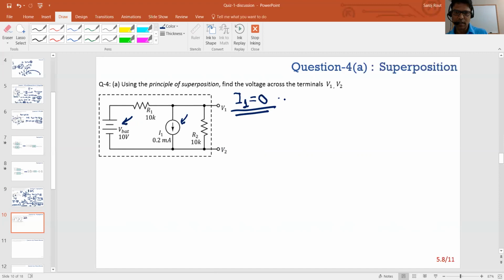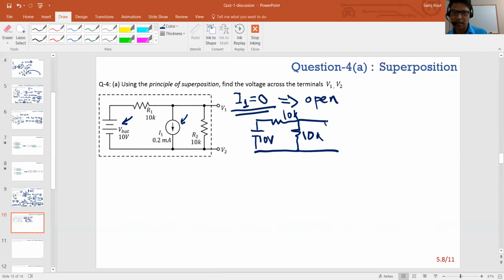Now, when I say I1 equals 0, it means the current source is what? Open, right? So if that's open, then this just reduces to that. You have 10 volts here, 10K, 10K. And I'm asking what's the voltage across these two nodes, which is basically V1 minus V2.